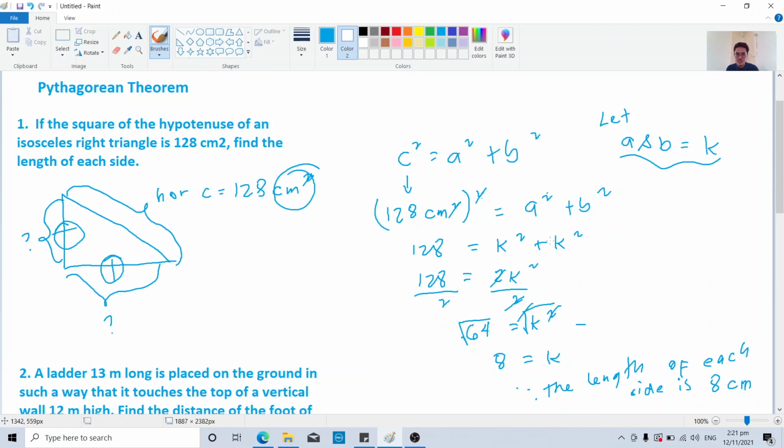Because the square centimeter was already cancelled, so it became just centimeter. Therefore, this is 8 centimeters. This is 8 centimeters. Since that is an isosceles right triangle, therefore, our answer is correct.